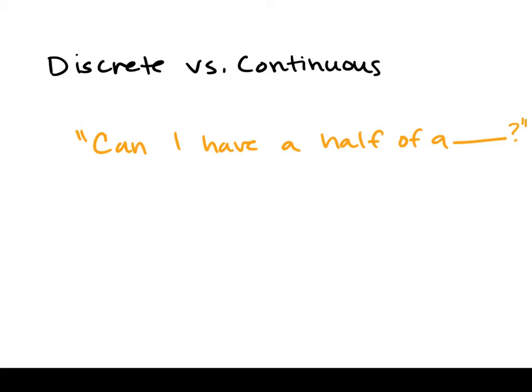If I'm talking about the number of cans, can I have half a can of Coke? Well, that depends on what you mean. If I say yes, it's because if I have a 12-ounce can and I've drunk 6 ounces of it, then I have maybe half a can of Coke left. But do I actually mean I have half of a can?